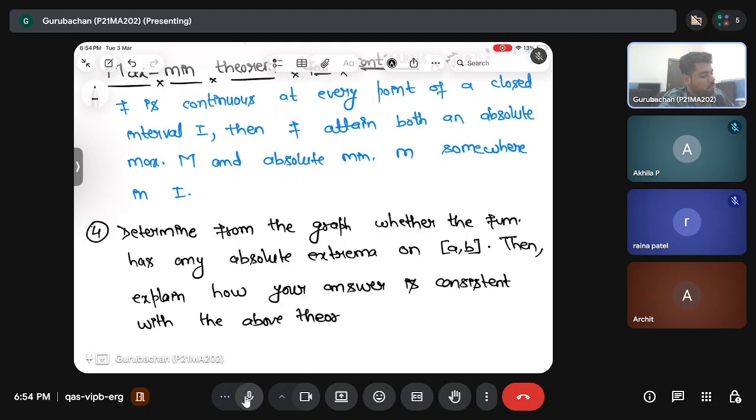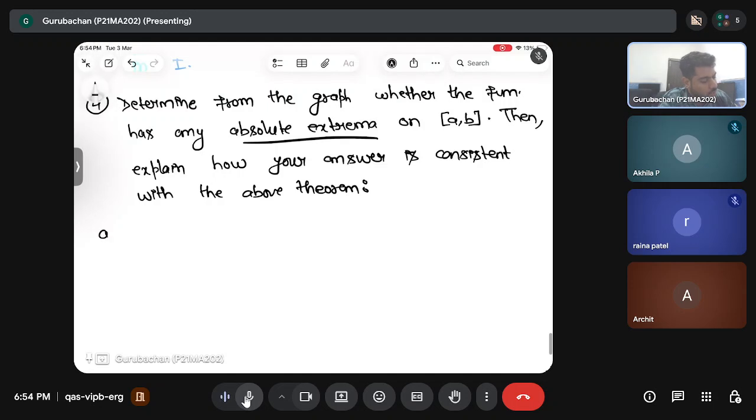Extrema means it can be absolute minima, it can be absolute maxima. So I am giving you 3 graphs. In the first graph, the function is like this.